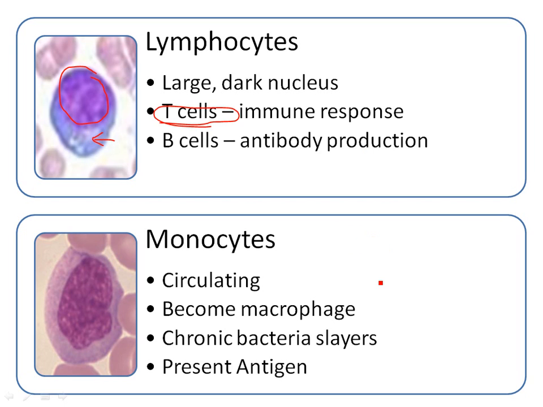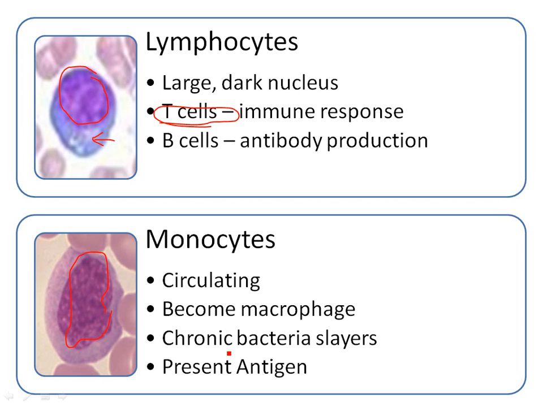And our last group that we're going to mention are the monocytes. They're relatively large. Their nucleus can be C-shaped or U-shaped sometimes. They'll eventually become macrophage, and they're bacterial slayers too, but for chronic infections. They also have the ability to do something rather special, and that's called presenting an antigen.